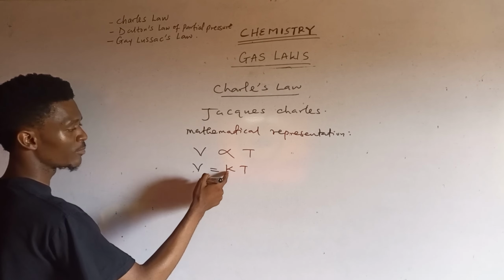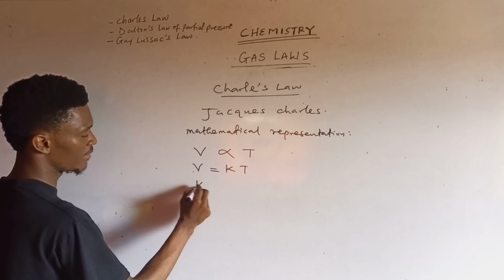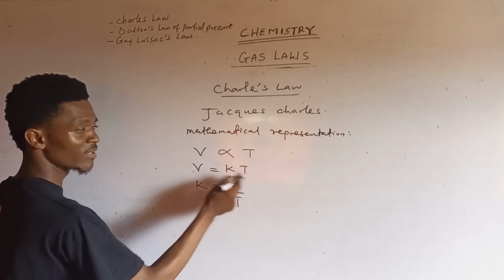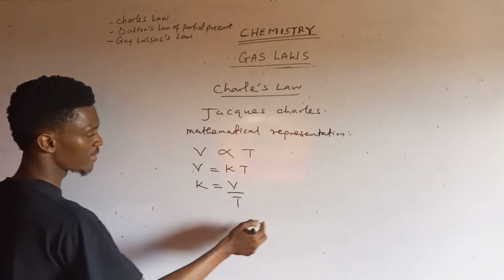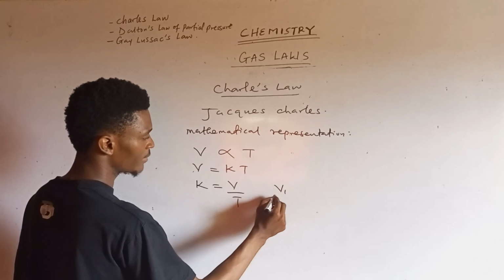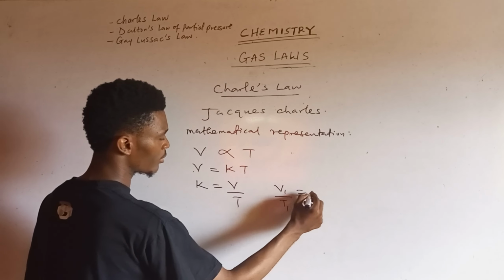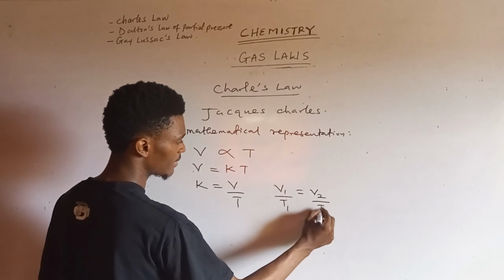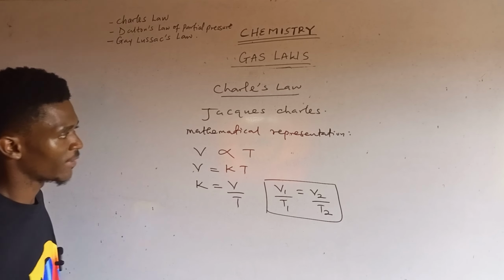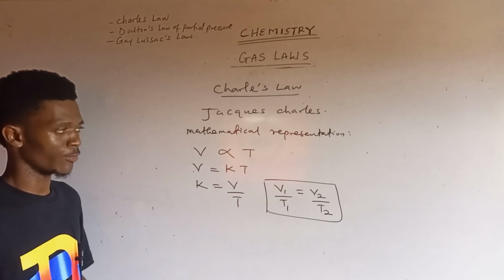And if you want to make K the subject of the formula, then K is equal to V over T, by division of both sides by T. And that gives you this. So relating more than one gas, you'll have V1 over T1 equal to V2 over T2. So that is actually the formula for Charles' law.